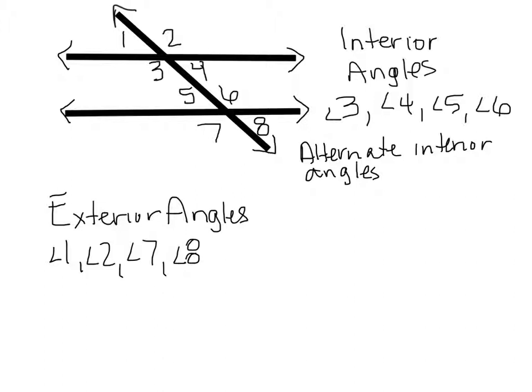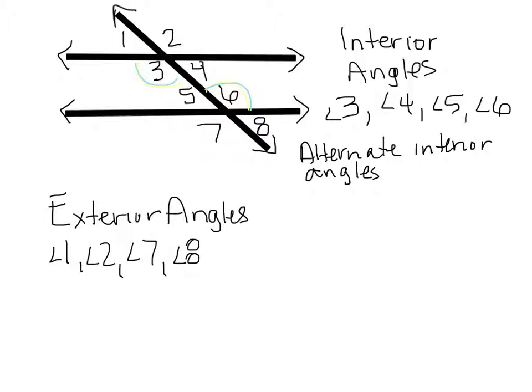So angle 3 and angle 6. Can y'all see that yellow? Just barely. Let's change to a different color. Let's go with that baby blue. Angle 3 and angle 6 are actually alternate interior angles.